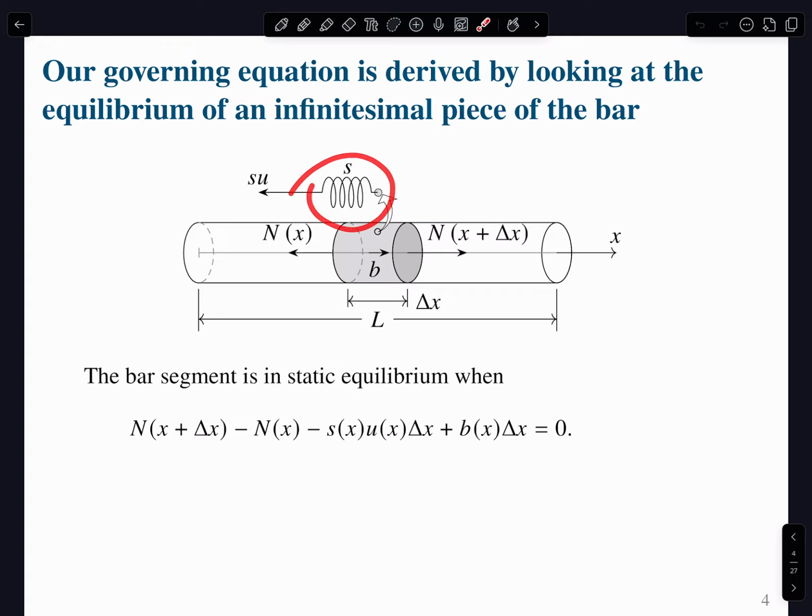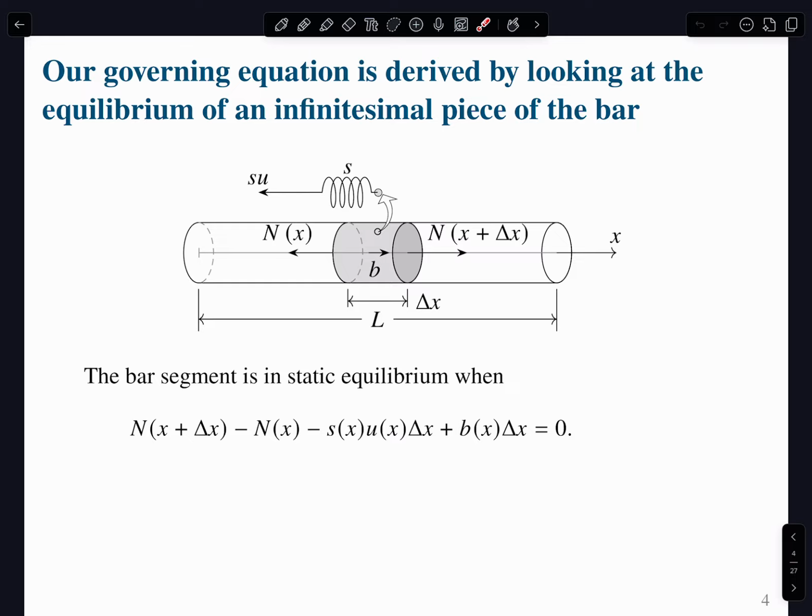Because we have some spring here. The higher the spring stiffness, the higher the resistance to being pulled out from the ground, right? And so this is going to be the force, but obviously acting on the entire length, we have to multiply that whole thing by delta x to get the final value of the force, all right?